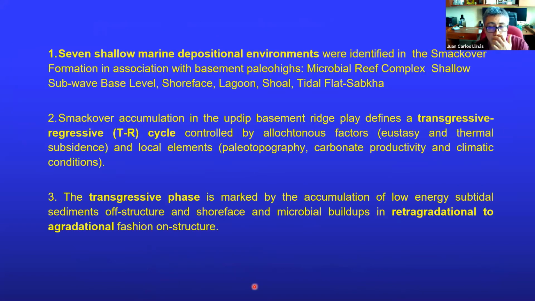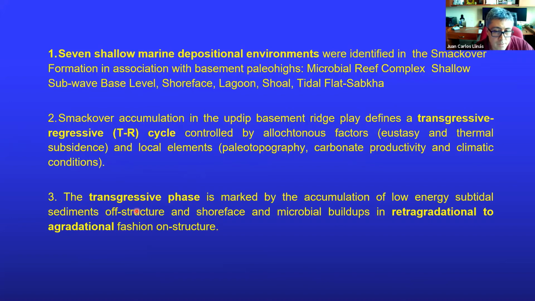Finally, as conclusions, we have identified seven shallow marine depositional environments in the Smackover. The Smackover accumulation in the Mississippi Interior Salt Basin is defined by a transgressive-regressive cycle controlled by different factors, including allogenic ones such as eustasy and thermal subsidence, and local elements, mainly peritidal carbonate productivity and climatic conditions.